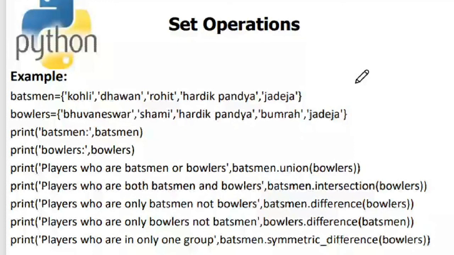Say I want to find out who are the batsmen or bowlers. Then I'll perform a union between these two. And say I just want those who are both batsmen and bowlers, meaning that they are in both the sets. When I want both, then I'll do an intersection, the common ones.